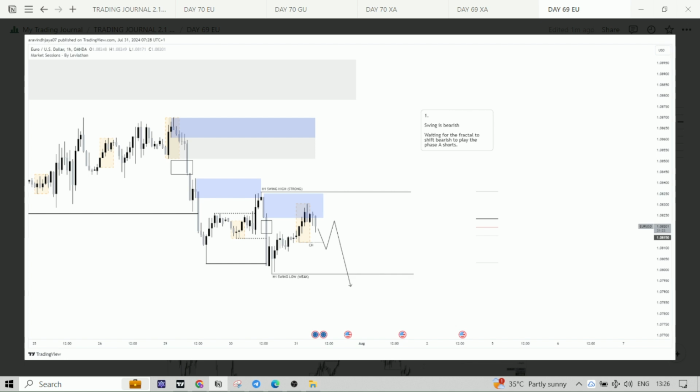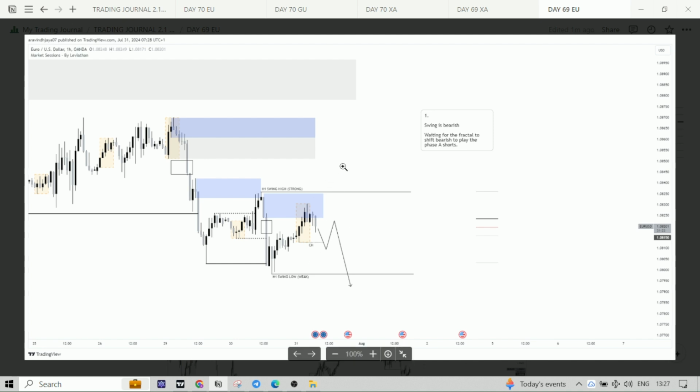But H1 has a very different story. The swing structure was bearish. I expected this to be my draw on liquidity, but before this we have the H1 strong high. So it's kind of a contradiction. I could have changed my strong high from here and marked this as an internal structure, but I just stick to what I marked yesterday.